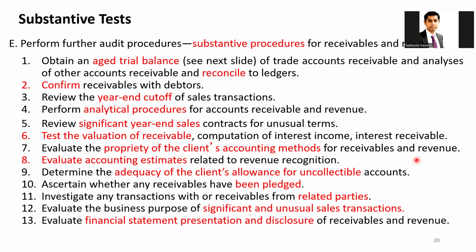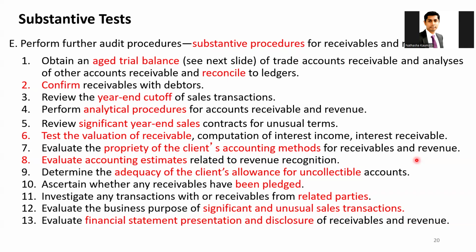Likewise, they are trying to understand and evaluate accounting estimates related to revenue recognition. Some organizations, especially software companies and construction companies, have revenue recognition that is inherently risky, as I told you. So they try to record revenue based on accounting estimates.